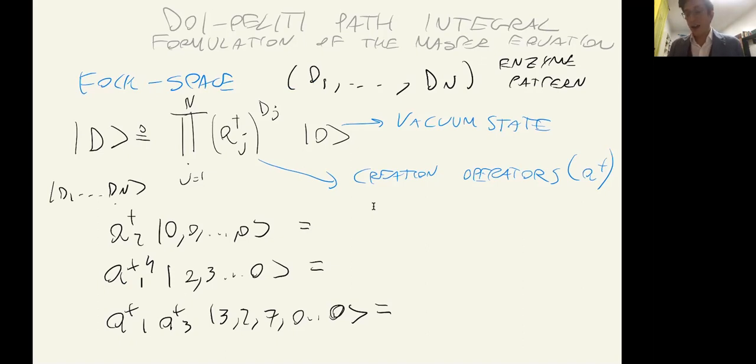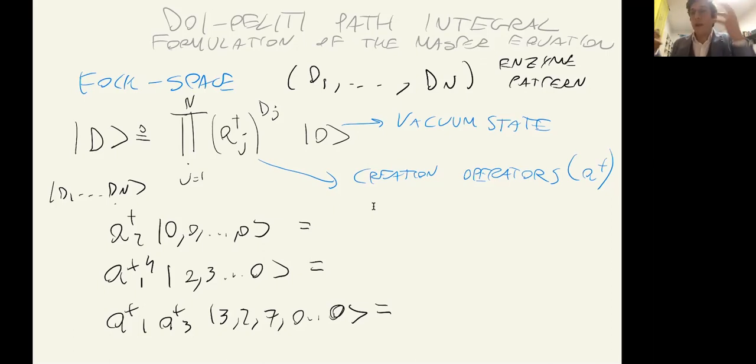This is defined as the product over all the sites of a dagger j to the power of Dj, acting on 0. Now we're going to see what this operator does. These are called creation operators, and this 0 is the vacuum state. For a Fock space, we just need a vacuum state, which means all zeros, so basically a pattern without any enzymes.